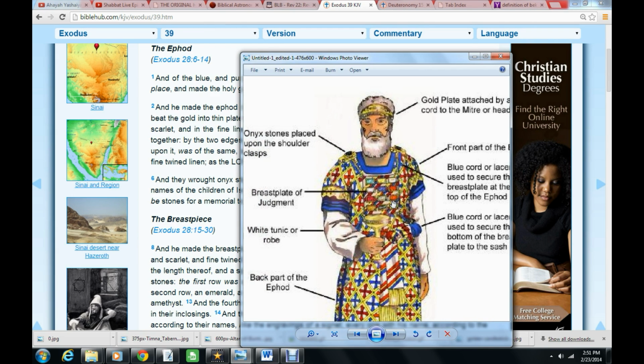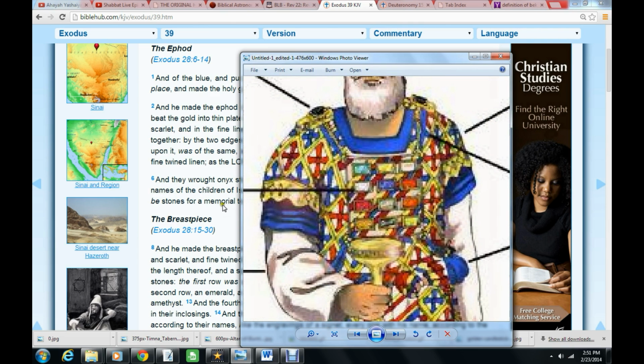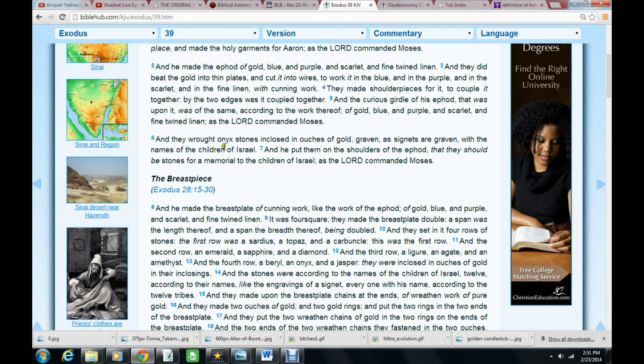And the breastplate of judgment would be this right here with the 12 tribes of Israel's names, and there are 12 different kinds of precious stone. I'm pretty sure each stone is associated with each specific tribe. There's probably a specific order, but let's not complicate that, because as you learn, you'll know more.